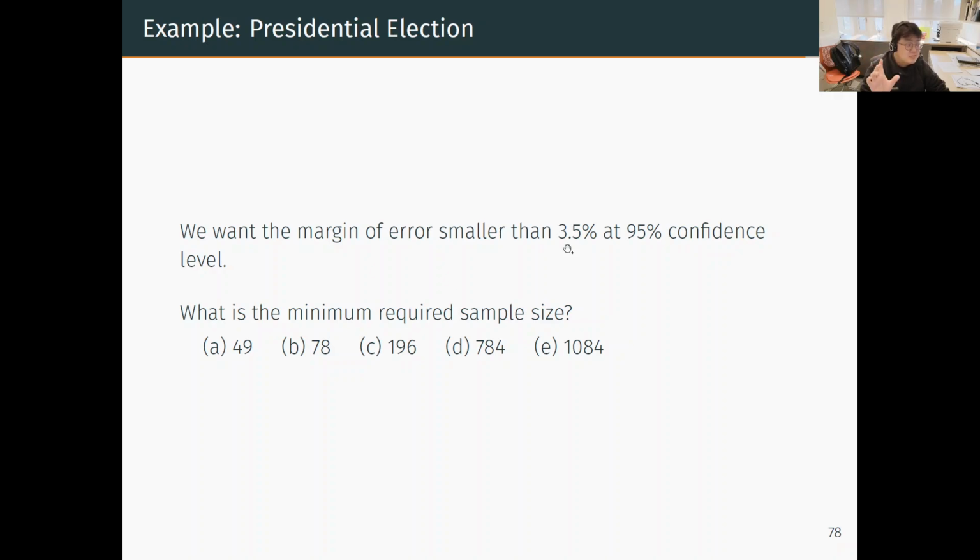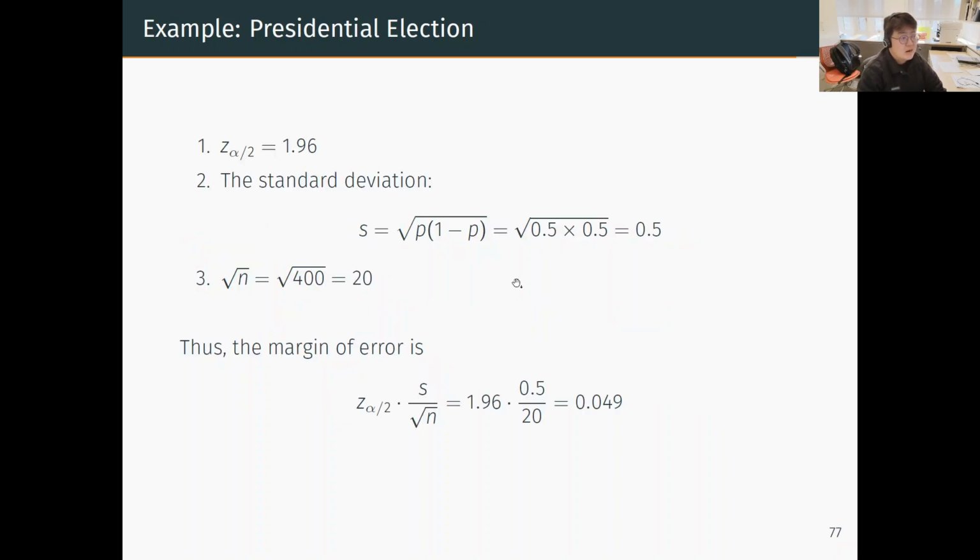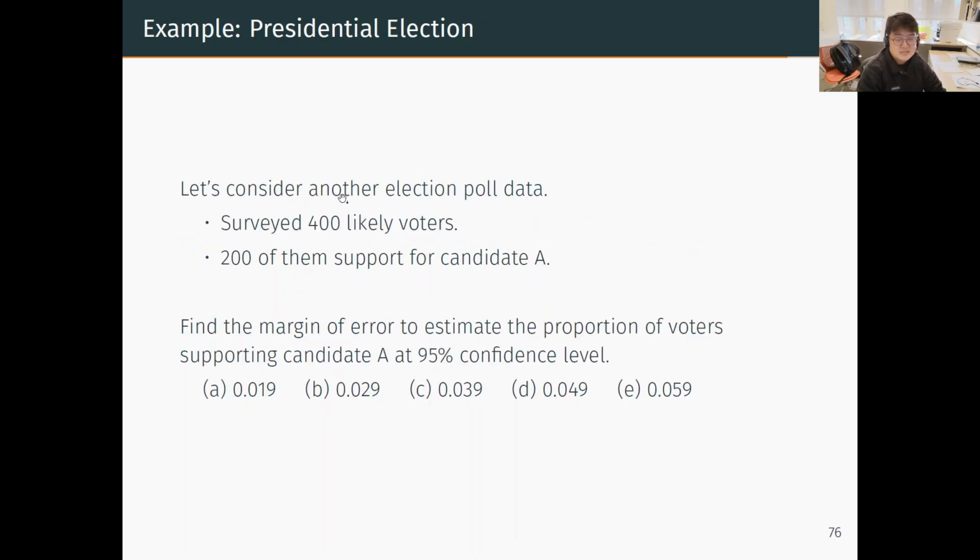The margin of error must be smaller than 3.5% with the same confidence level at 95%. So now it's your turn again. Try what is the minimum required sample size to achieve this margin of error. Of course, the numbers, the data are the same like this.